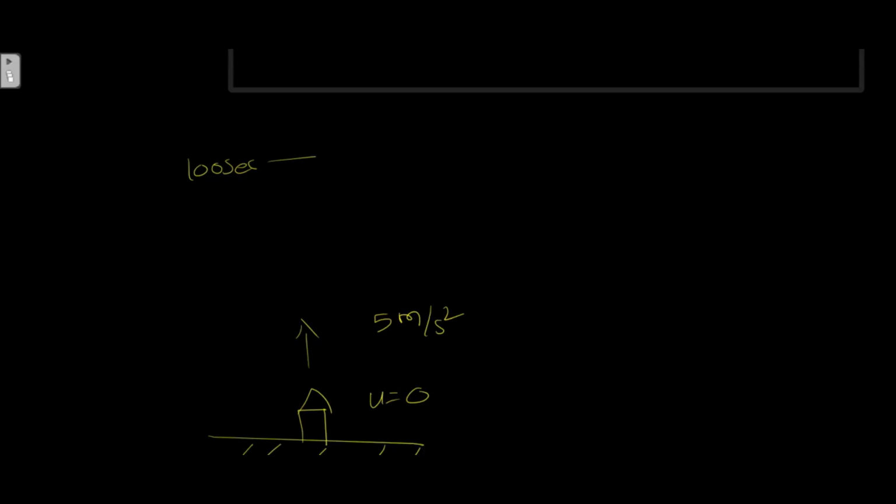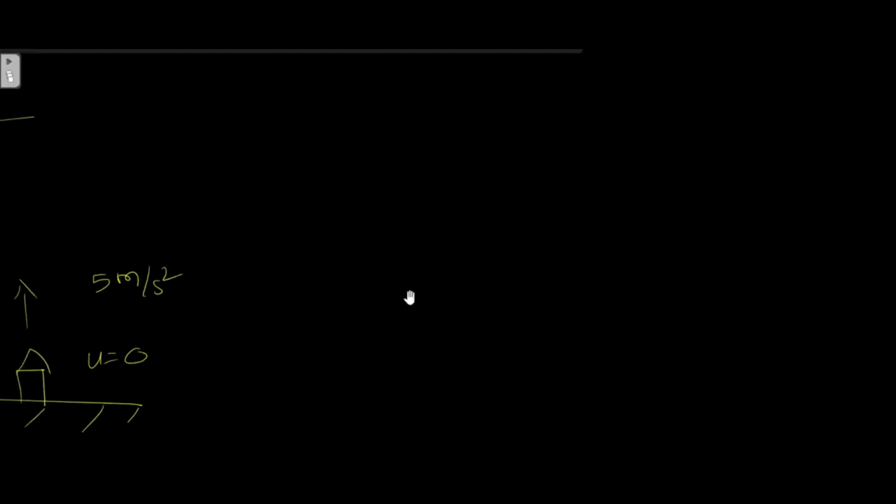Okay, so now we can find. Final velocity v equals initial velocity u plus at. Final velocity we don't know. Initial velocity 0. When starting, the rocket has 0 velocity, and acceleration is in the direction of velocity, so there is no sign change. 5 meter per second square, and the time taken is 100 seconds.